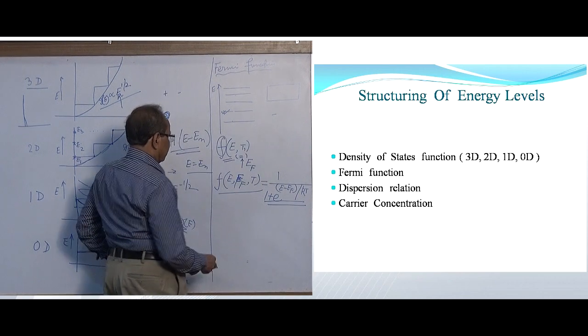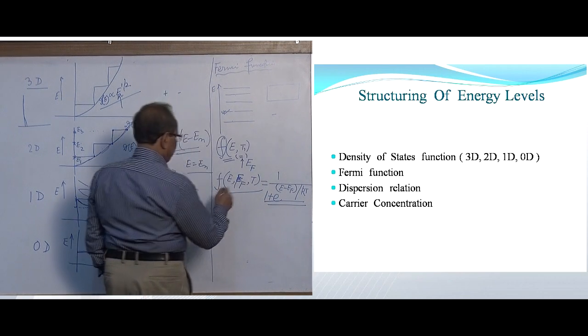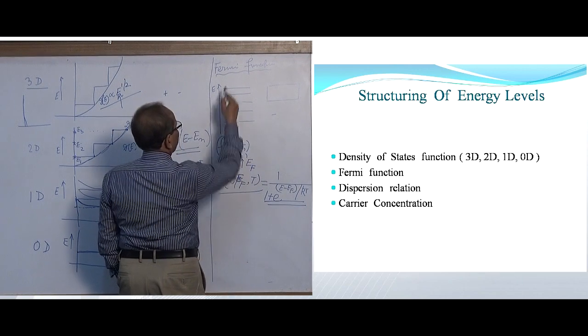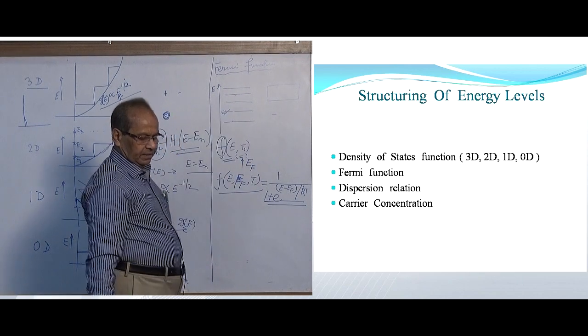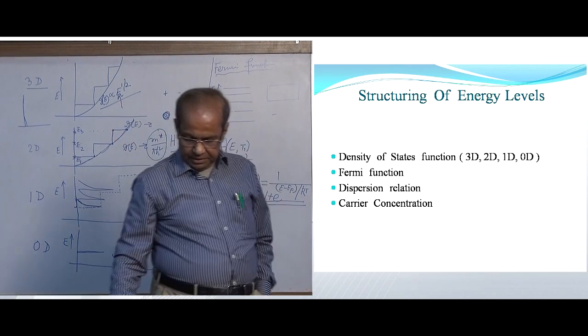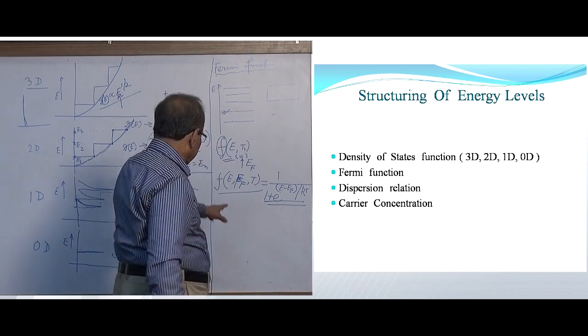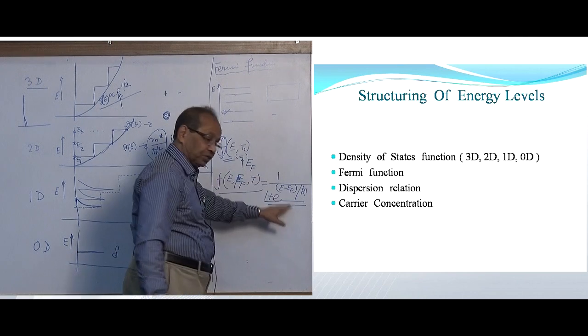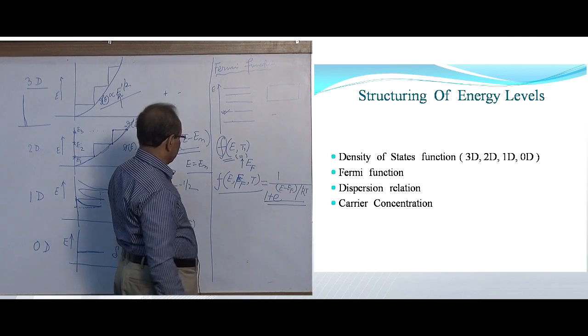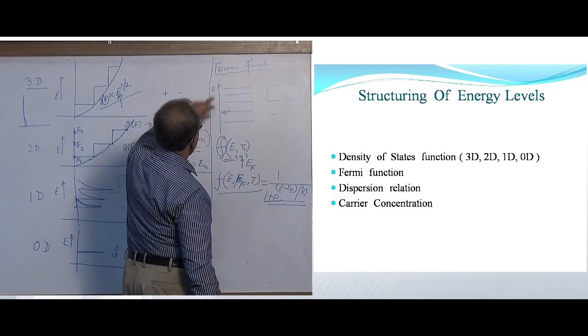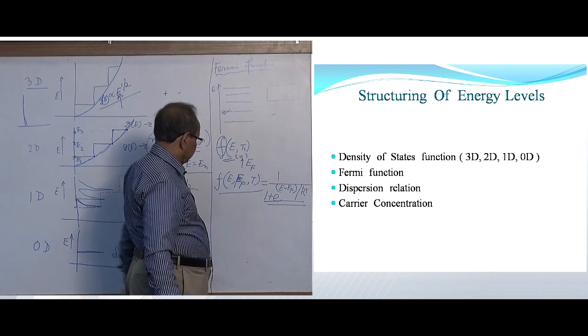This is the Fermi Dirac distribution function. Both Fermi and Dirac just worked out on this statistics on the distribution function. So, in honor, the name is given as Fermi function.